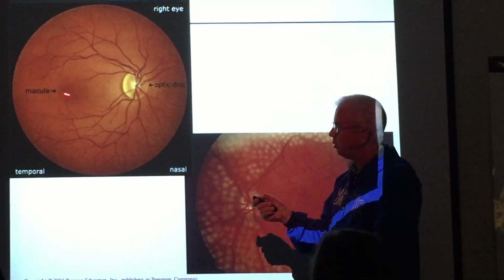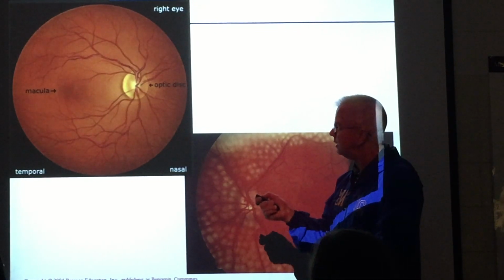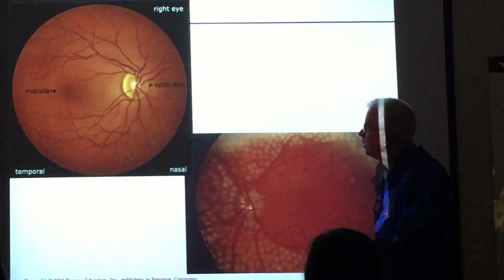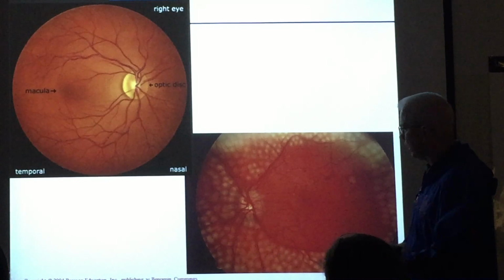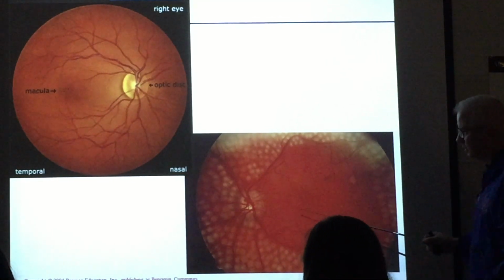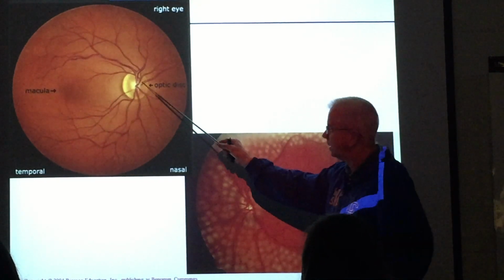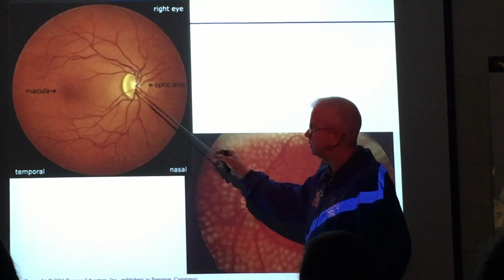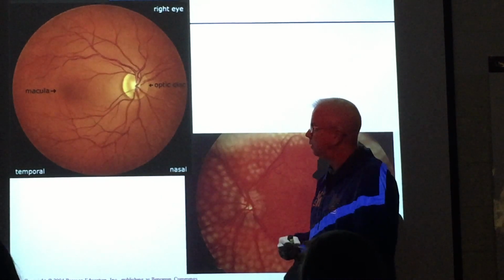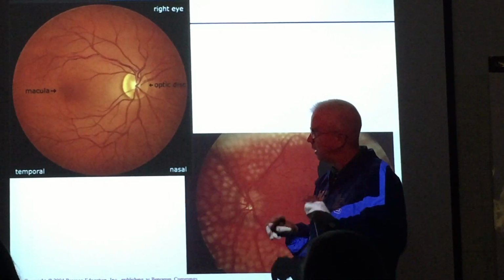But it's very difficult. The point there is to say it's very difficult to see this macula, which is where visual acuity happens. Now, is this a left or a right eye? That's a left, yeah. So this place here is called the optic disc, and this is where all the optic nerves lead. It's also where the blood supply comes in.